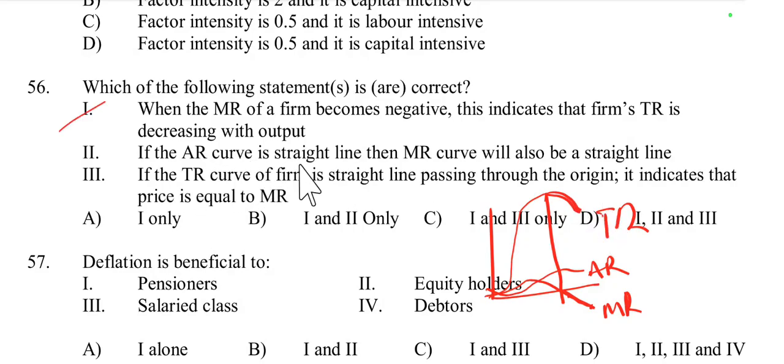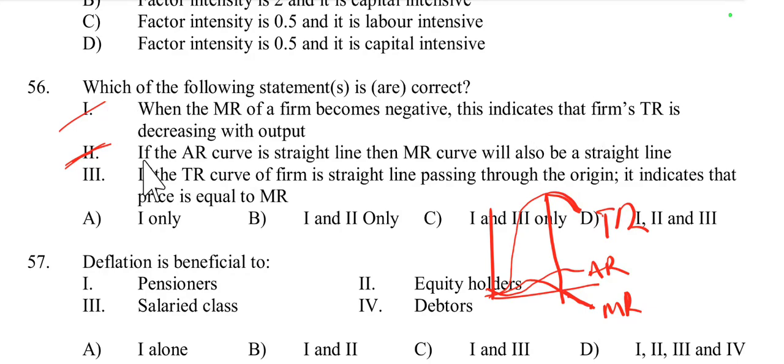Then if the AR curve is a straight line, then the MR curve will also be a straight line. When AR is a straight line, MR is also a straight line. It is also true. First statement is correct because when MR is negative, it indicates that the firm's total revenue TR is decreasing with additional output, because each additional unit of output reduces the overall revenue.